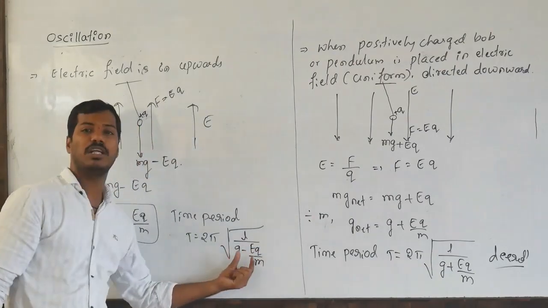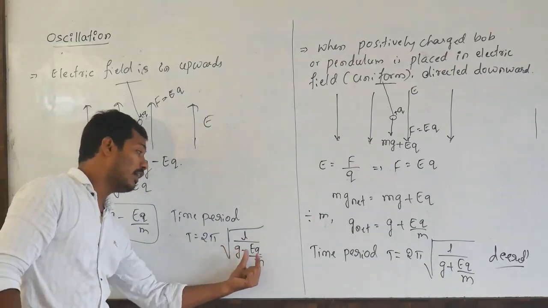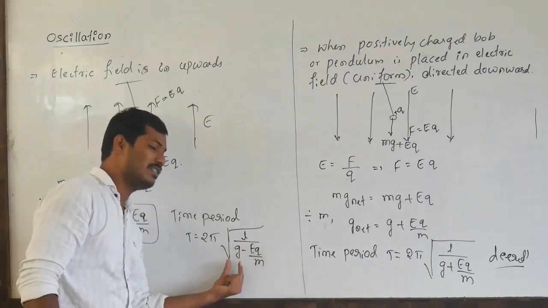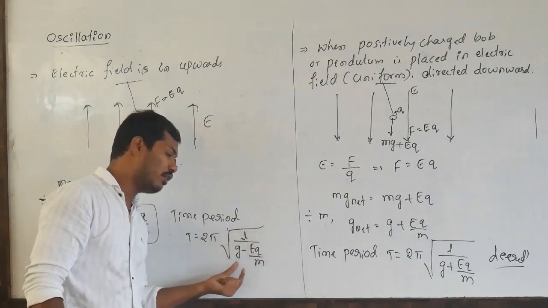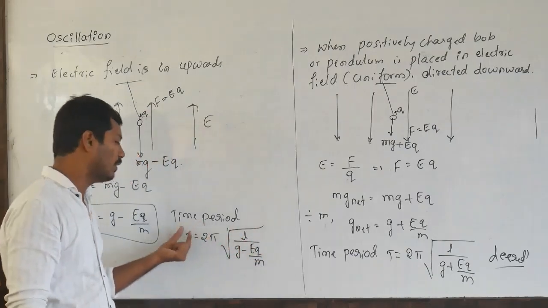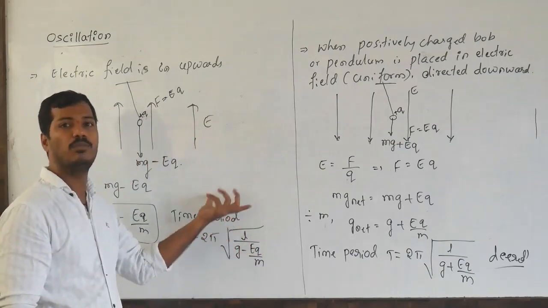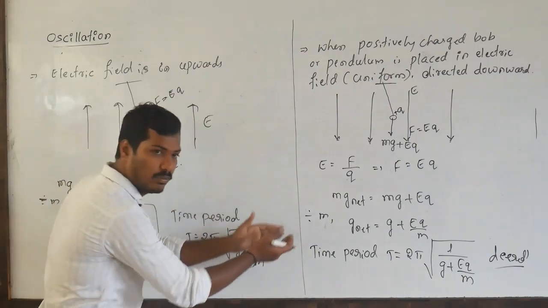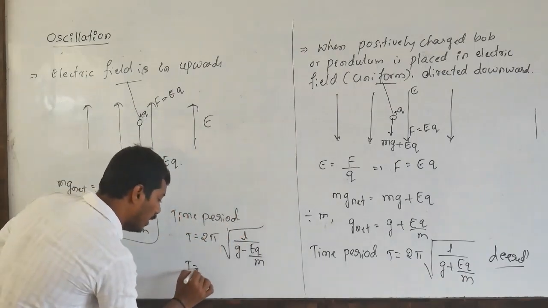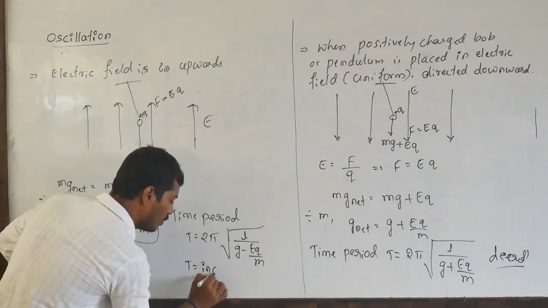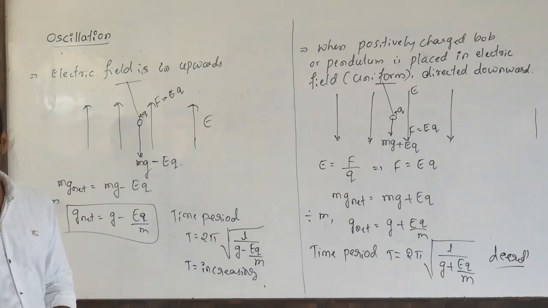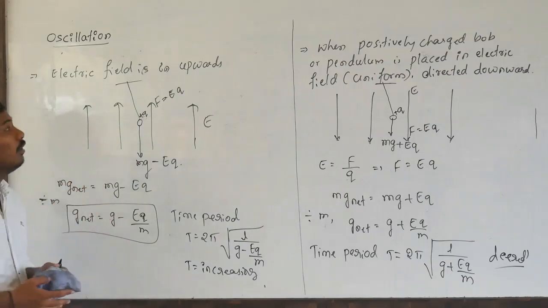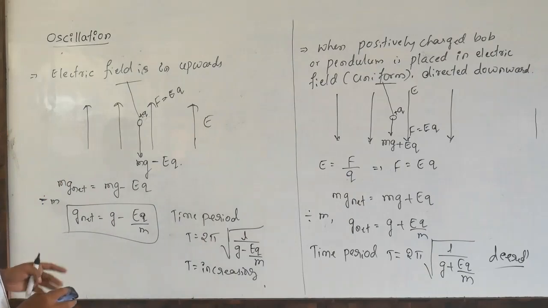There is subtraction, so when you subtract EQ divided by m from g, this value becomes less. The denominator is less, so the numerator becomes more, and your answer is also more. So T is always increasing. Time period is increasing.